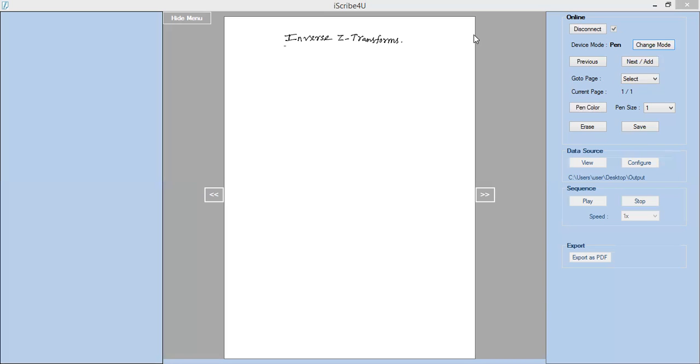We already know that if the Z transform of u_n equals u bar of z, then Z inverse of u bar of z equals u_n.